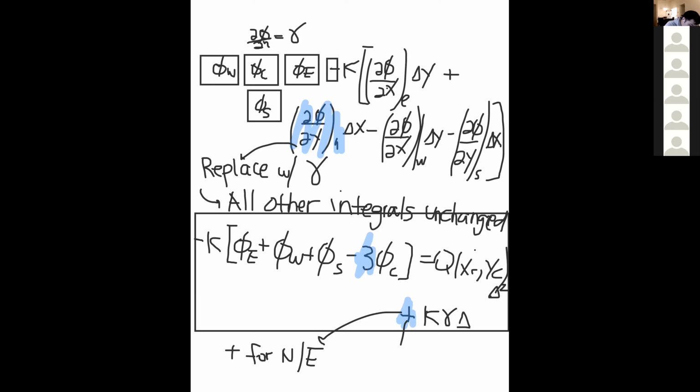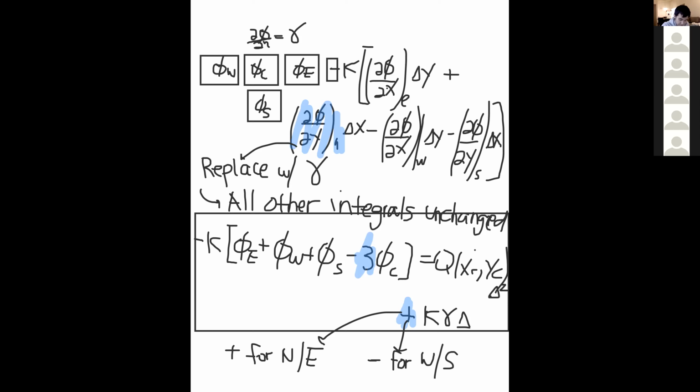But if your Neumann condition is on the south, like it is in the notes online, or on the west, then this is going to be negative. So with the Neumann condition, you have to be really careful to assign the right sign on the right-hand side for whichever condition you're doing.